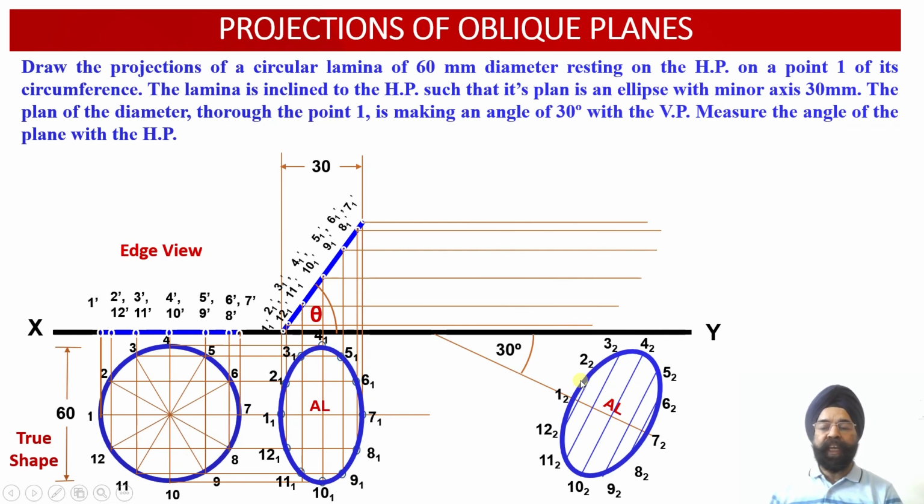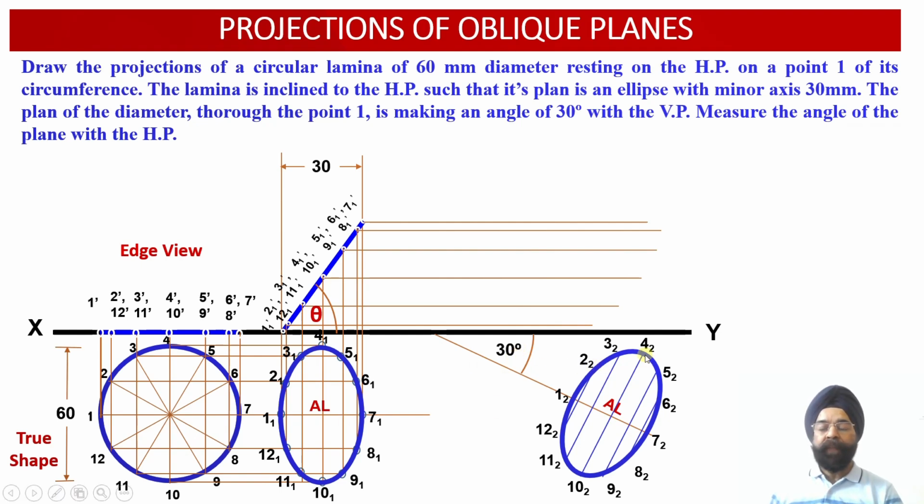So this is an oblique view in a way, because these projections have been drawn when the circular lamina happened to be inclined with respect to the horizontal plane at an angle theta, and the circular lamina is further inclined with respect to the vertical plane at an angle of 30 degrees.